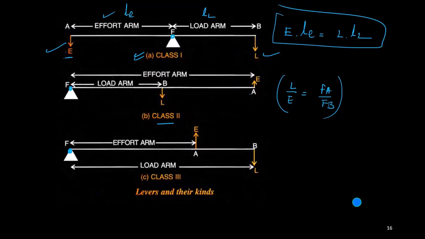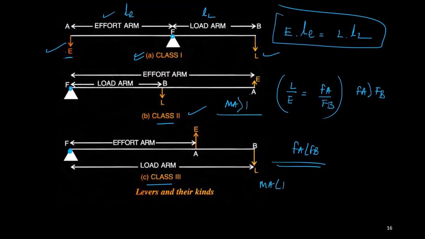In the class 2 lever, FA is always greater than FB, whereas in the class 3 lever, FA is less than FB. So the L by E ratio, or the mechanical advantage, is always greater than 1 here, and always less than 1 there.